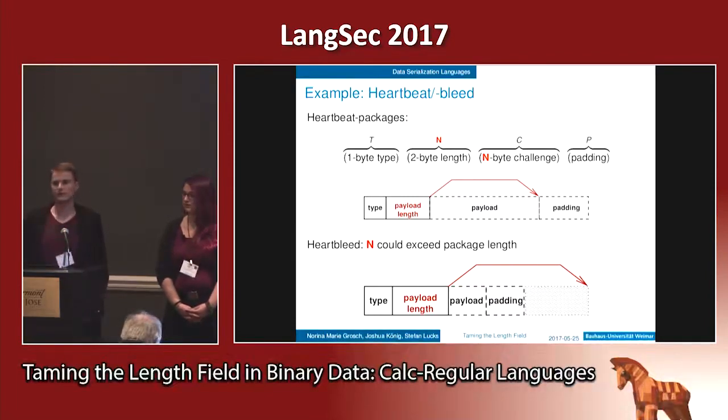Then the receiver would send me some arbitrary stuff from his memory, because he allocates the memory without actually checking how big the challenge is. This, of course, only happens if the implementation is not proper, which takes us to the core of the problem. We have two computers communicating with each other, but we still have human error in it.